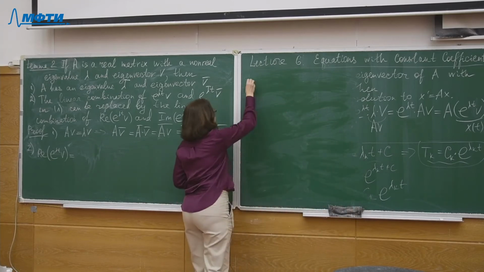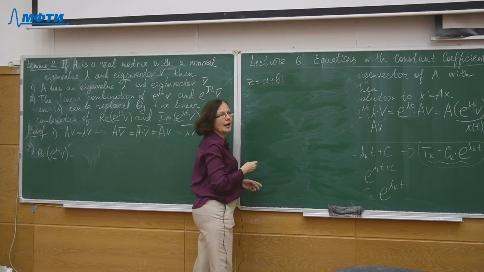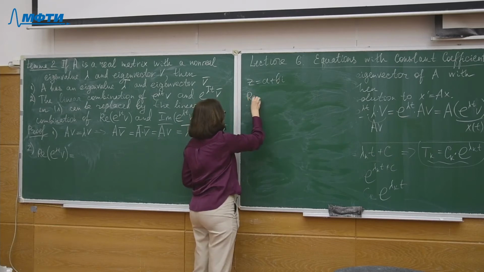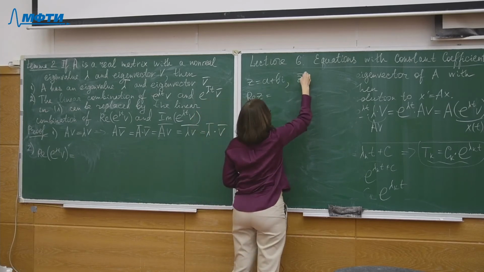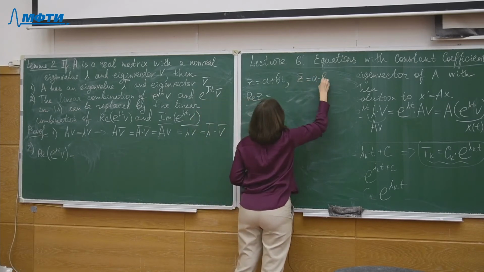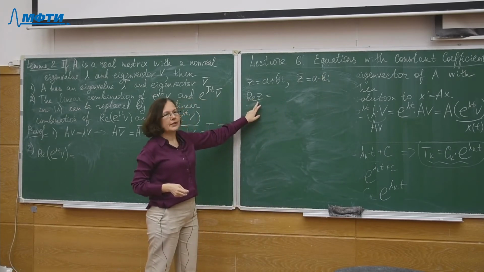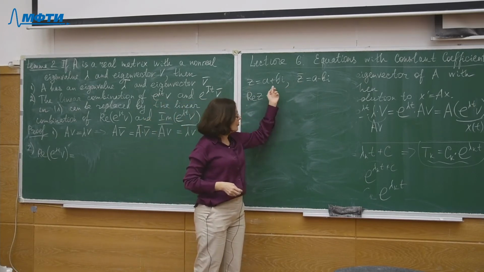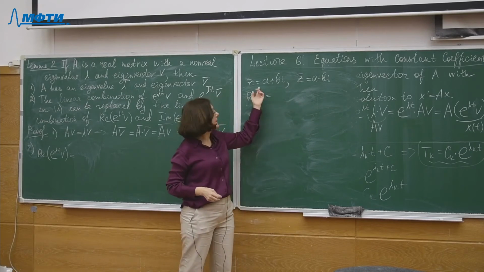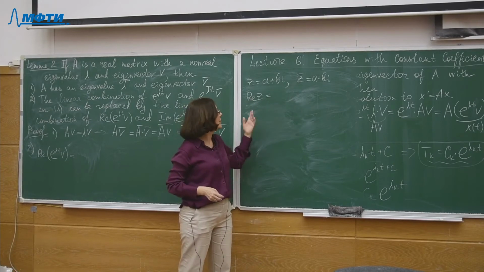If z is a complex number having the form a plus bi, how can we find the real part of z? z bar, the conjugate, is equal to a minus bi. Is it possible to find the real part of z in terms of a linear combination of z and z conjugate?